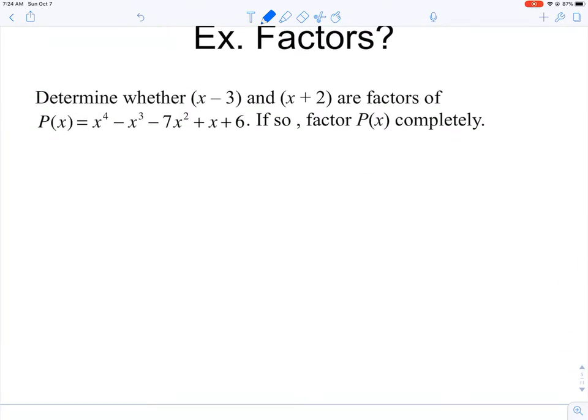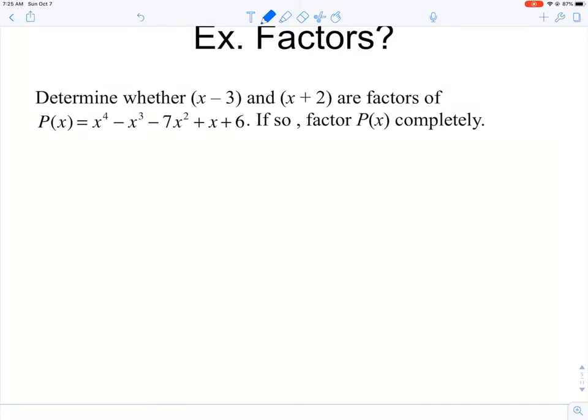Okay, so we want to determine whether x minus 3 and x plus 2 are factors of p of x. And if they are, we want to factor p of x completely. So you can either use the factor theorem or remainder theorem to see if when you evaluate p at 3 and at -2 you get 0, but that doesn't really help you towards factoring the polynomial.